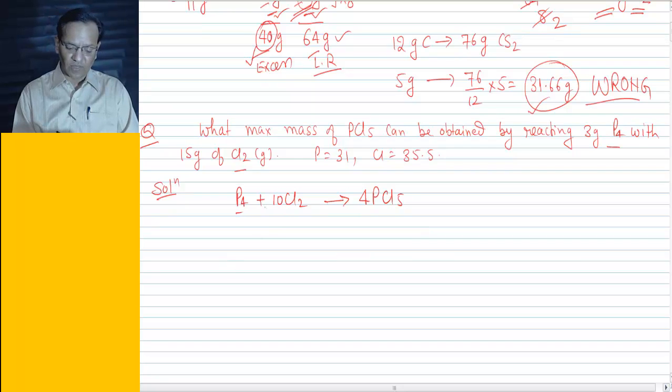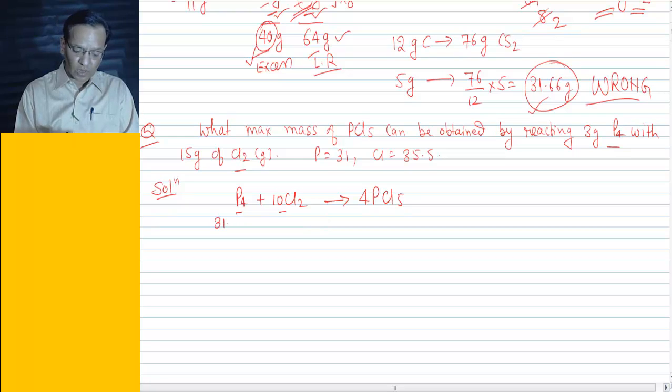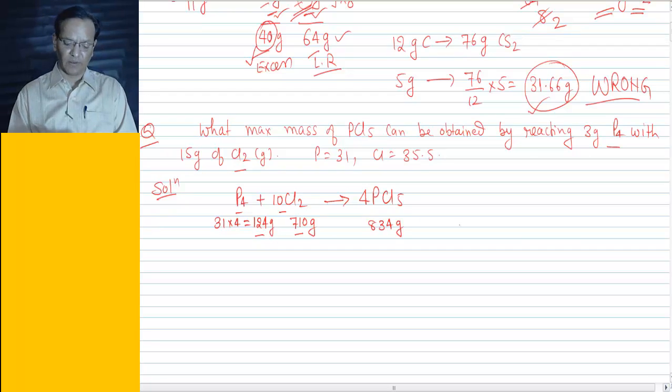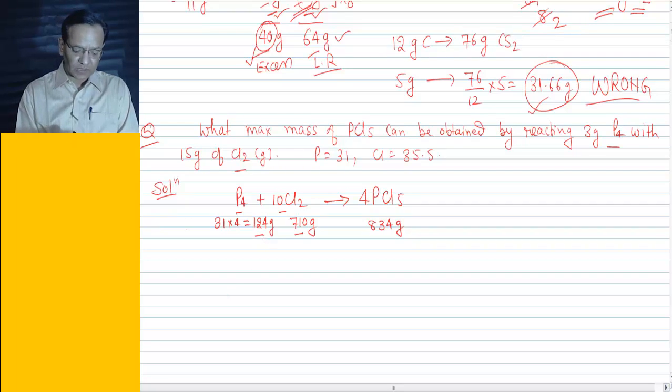So 1 mole of this combines with 10 mole. 1 mole of this will weigh 31 into 4, so it is 124 gram, and 10 mole of chlorine is 35.5 into 2, 71 into 10, 710 gram of chlorine. So 710 gram of chlorine will combine with 124 gram of phosphorus to give 834 gram of PCl5. So this is the stoichiometric mass.